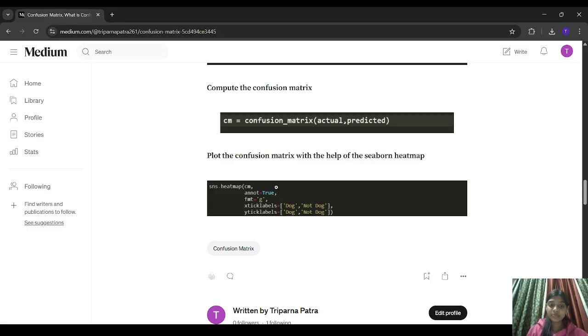For creating the heatmap, the basis is sns.heatmap. We pass cm and annot equal to true, then we use xticklabels and yticklabels to define the x label and y label. So basically this is for the confusion matrix.